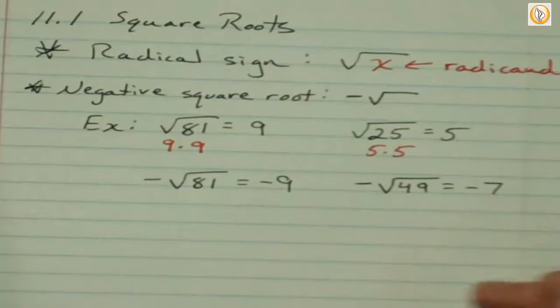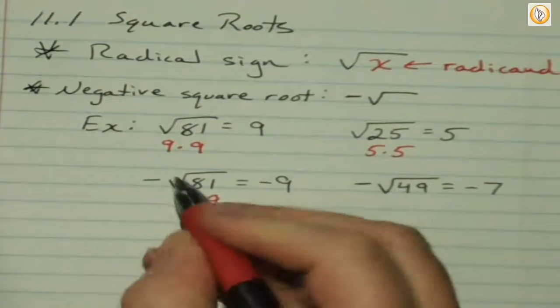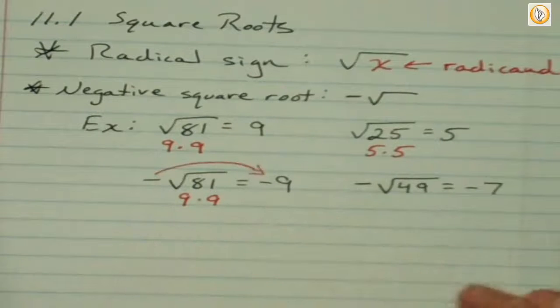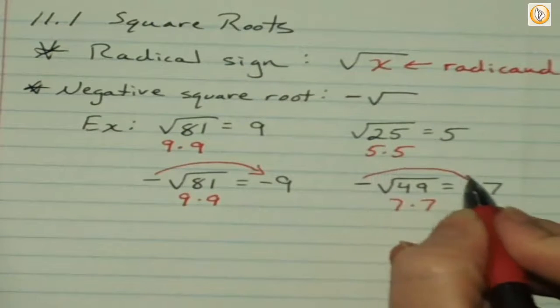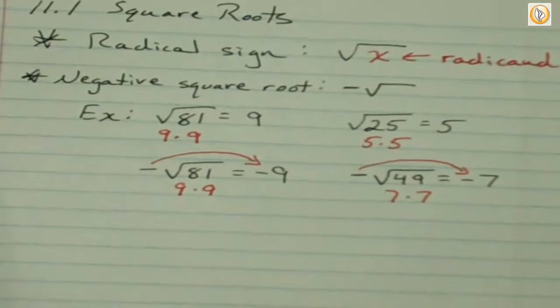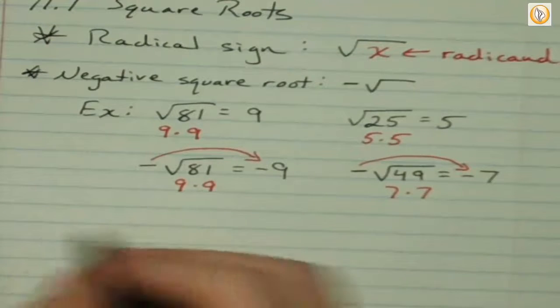Very good. So 9 times 9, but you bring over the negative sign. 7 times 7, but you bring over the negative sign. Any questions so far?